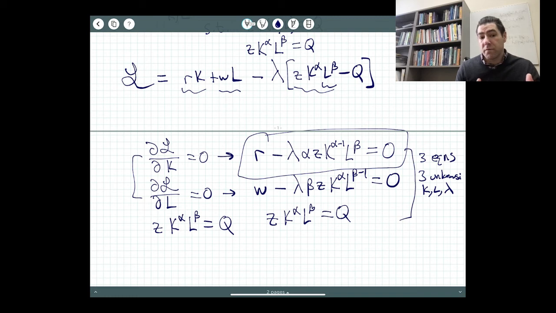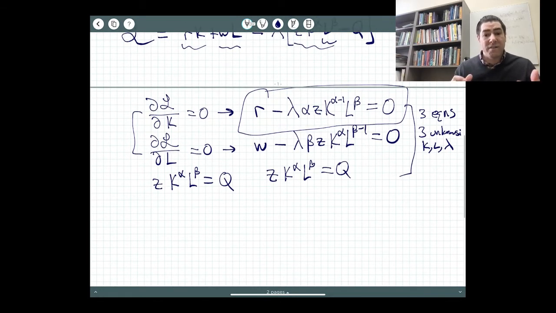And I'm going to plug that value of lambda into the second equation. And we'll see we get basically the same thing. We're going to get that, with some constants times K over L is equal to W over R. I can solve that for k and plug it back into the constraint on quantity, and we'll get sort of a general solution. So the process from here is basically the same as what we did in class with specific numbers. It's just we don't have the numerical values to calculate.